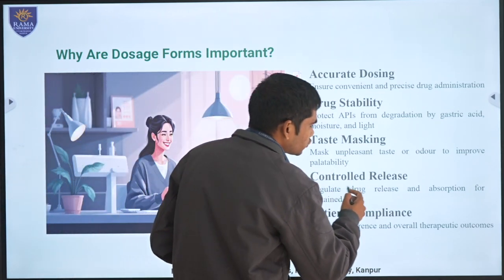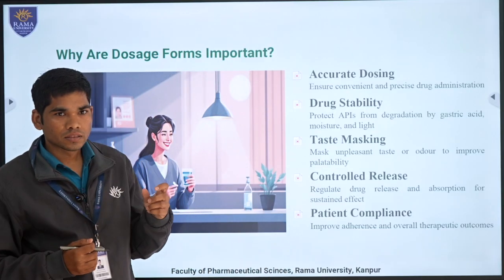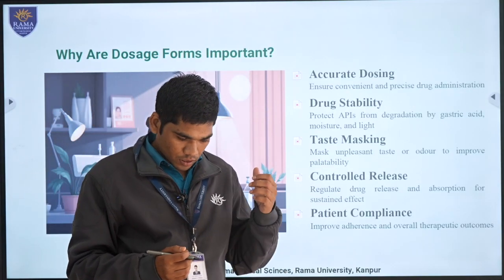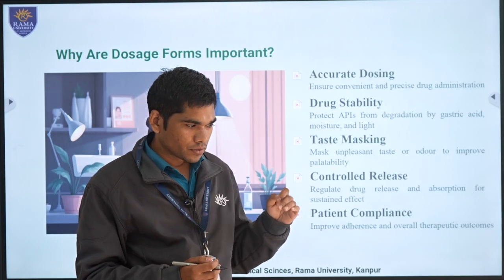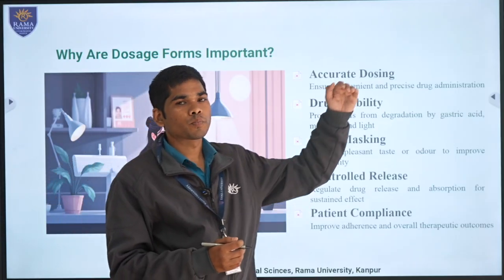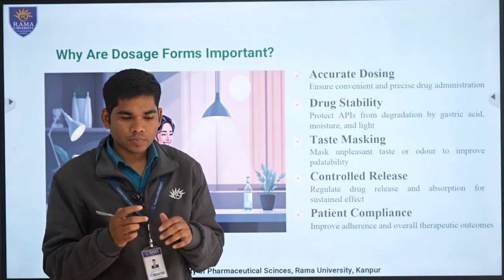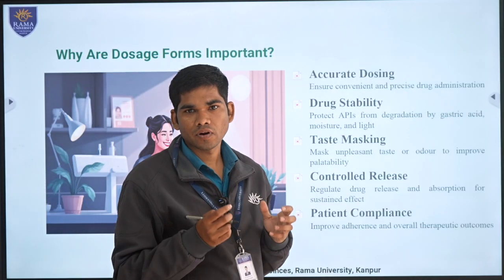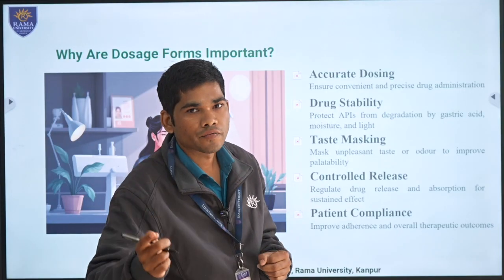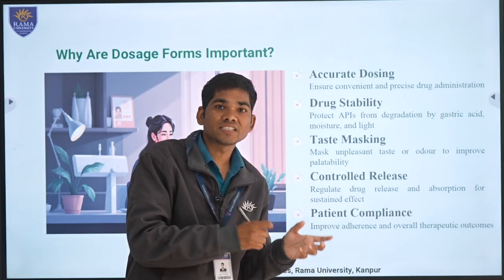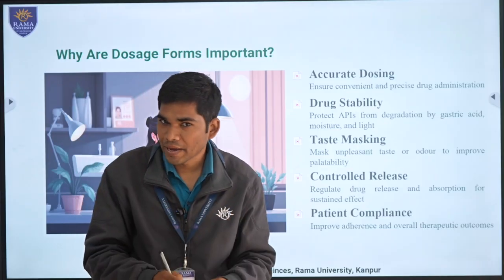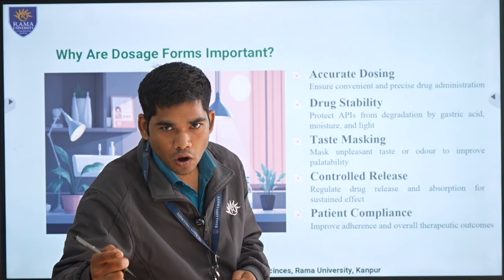And controlled release. Sometimes the drug has a therapeutic effect which needs to be prolonged, like some NSAIDs, non-steroidal anti-inflammatory drugs, which have a prolonged effect because the patients need relief from pain for a long time.